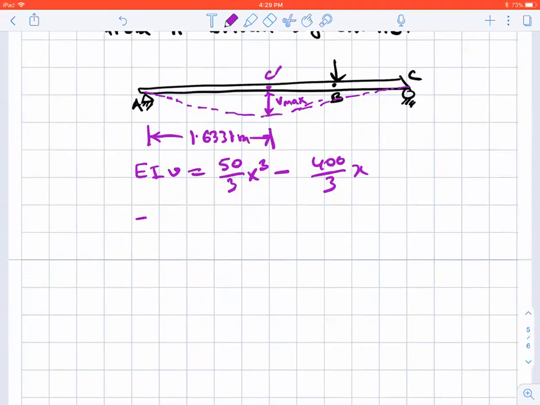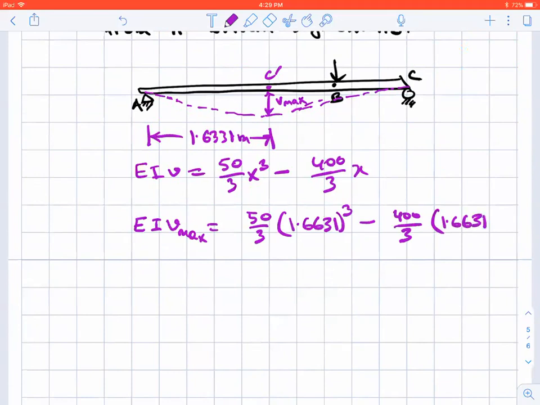So EI Vmax is equal to 50 over 3 times 1.6331 cubed minus 400 over 3 times 1.6331. And we know E and I, so all I have to do is divide by EI whatever number you get.